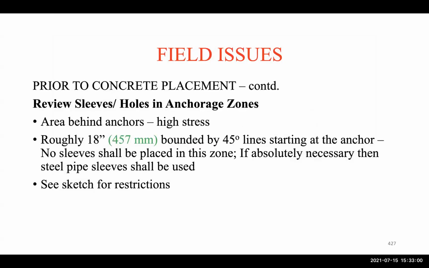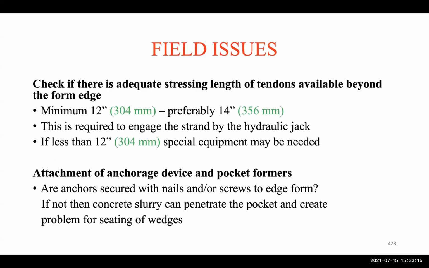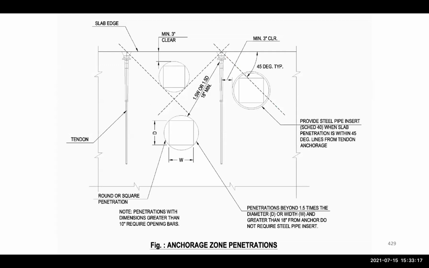Prior to concrete placement, also review the sleeves and the holes in the anchorage zone. We need to make sure that those are reviewed and appropriate. So we can look here at the figure which explains the previous slides.